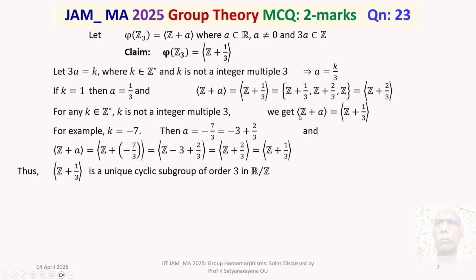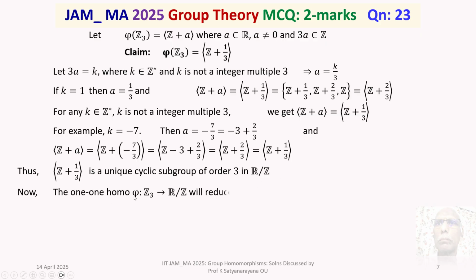Because for any Z plus A, where A is equal to K by 3, where K is not an integer multiple of 3, that also generates the same group, Z plus 1 by 3. So Z plus 1 by 3 is the unique cyclic subgroup of order 3 in R by Z.